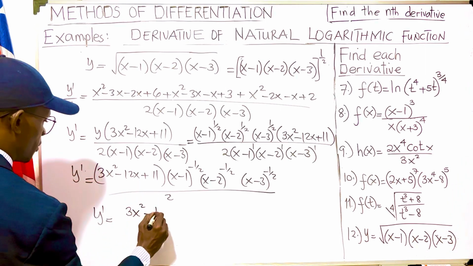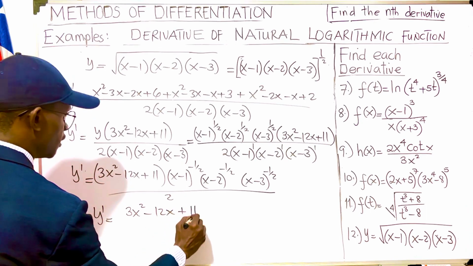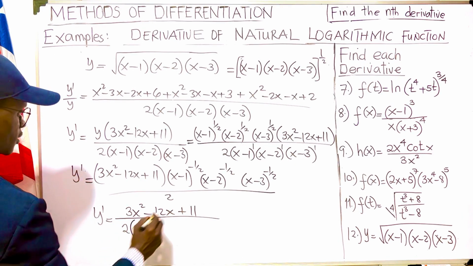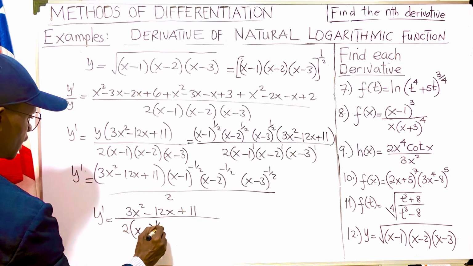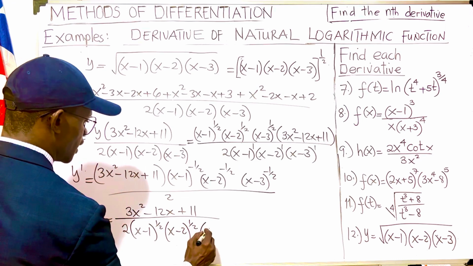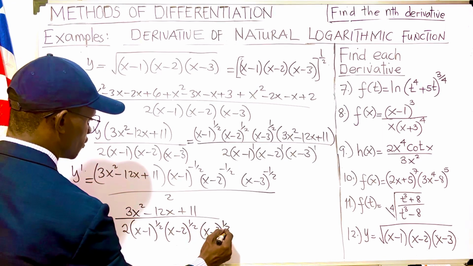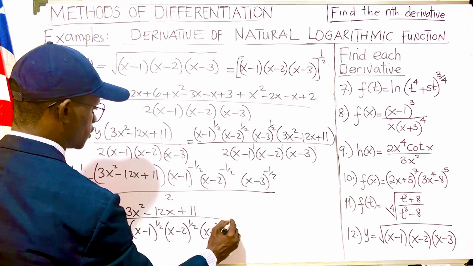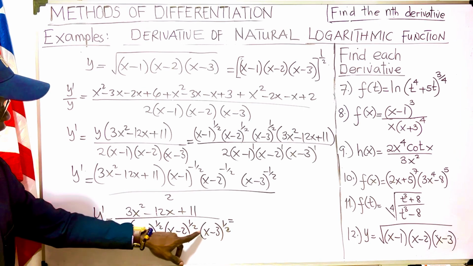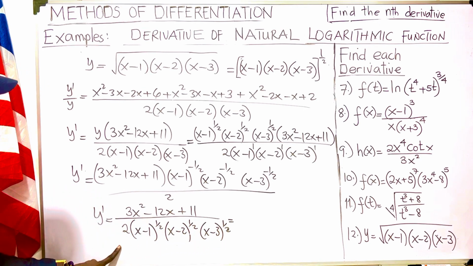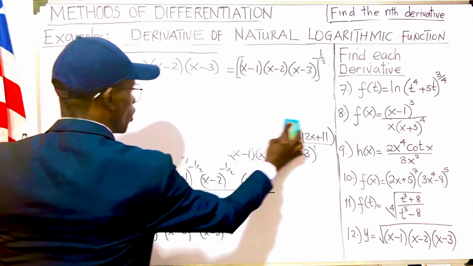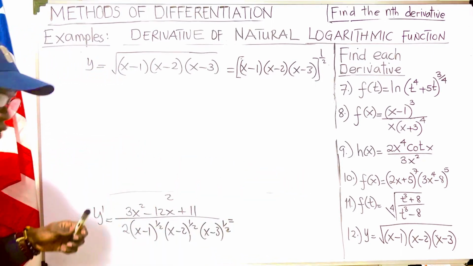3x squared minus 12x plus 11, all divided by 2 times x minus 1 raised to the power positive half, x minus 2 raised to the power positive half, and x minus 3 raised to the power positive half. So the same way each of them took their own powers, all of these can be raised to the power 1.